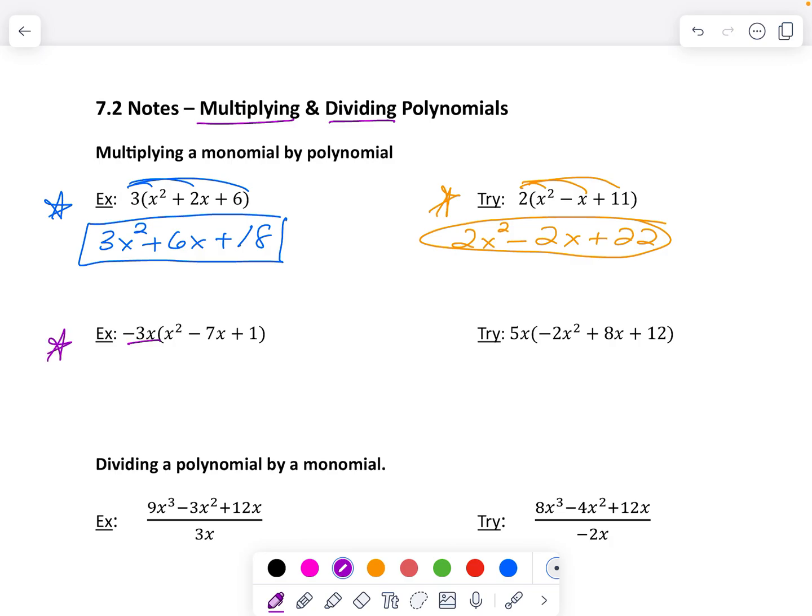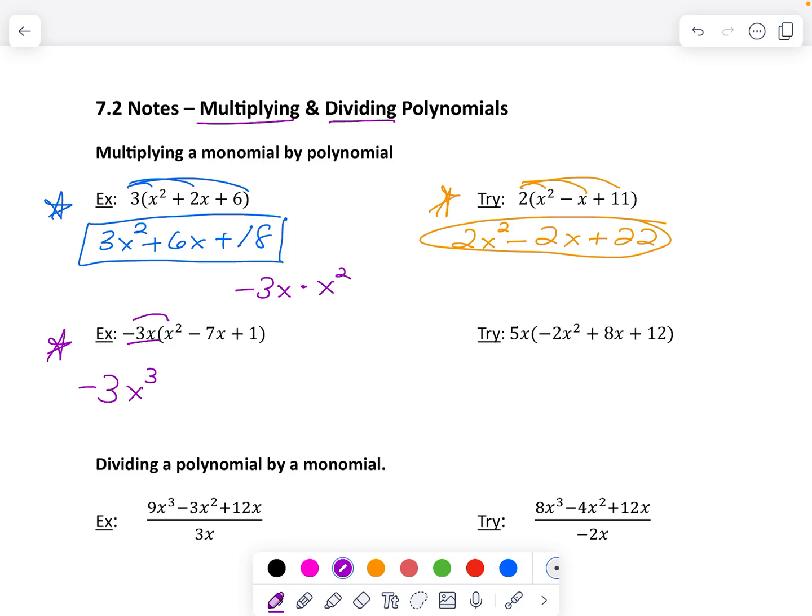Now this next example involves multiplying not just 3, but -3x, so we've got to watch out for the negative. So when we multiply -3x times x squared, remember, like things we saw on our last quiz, this is going to be -3x to the third, right?